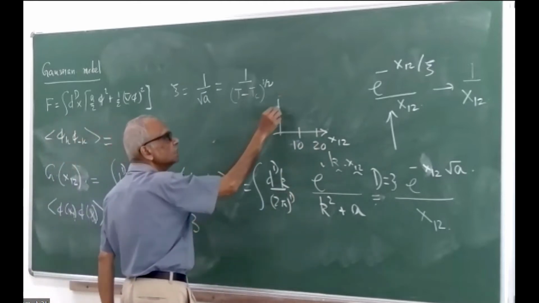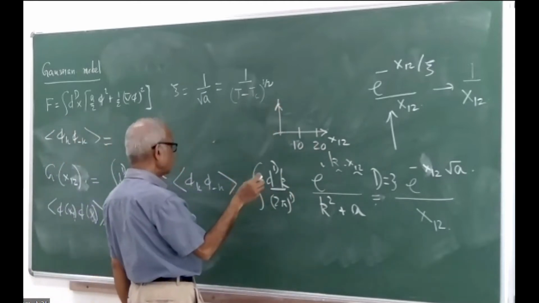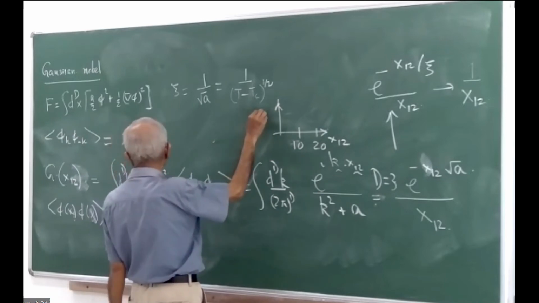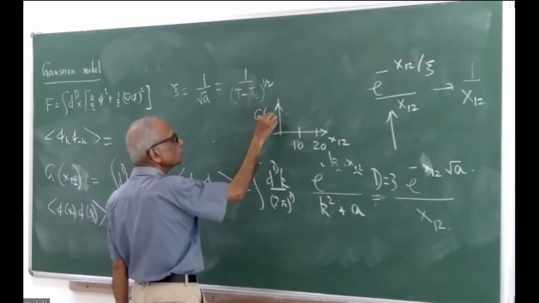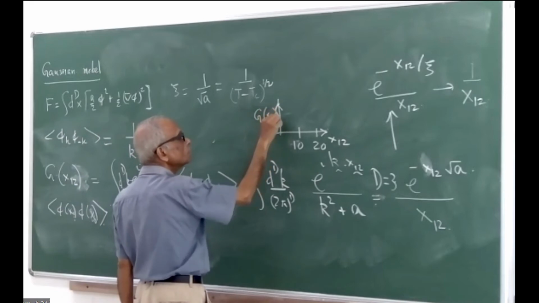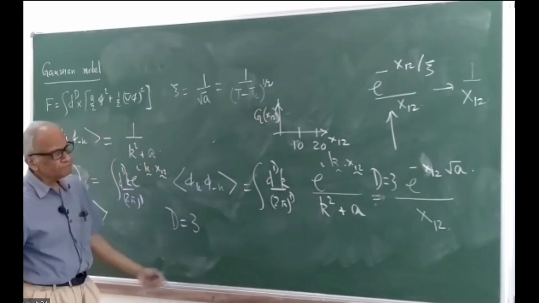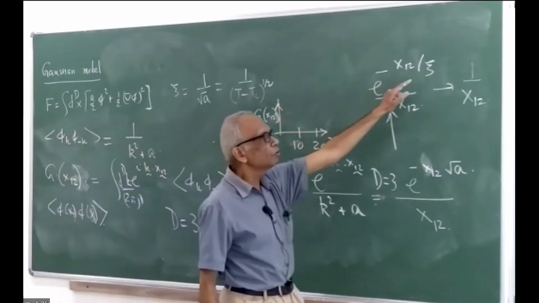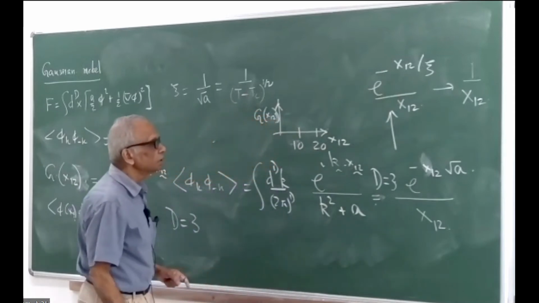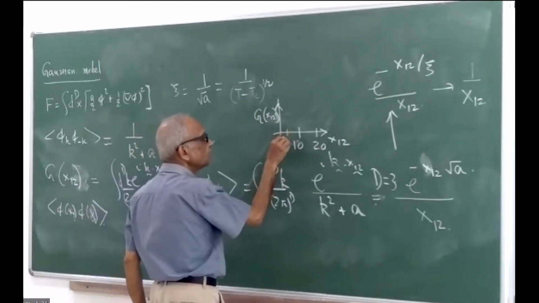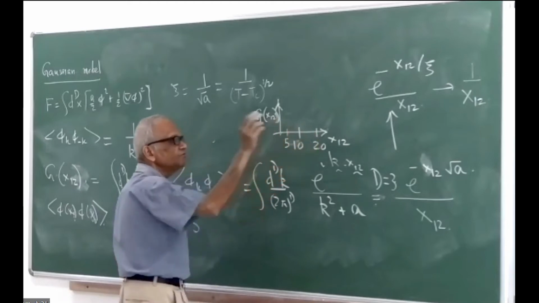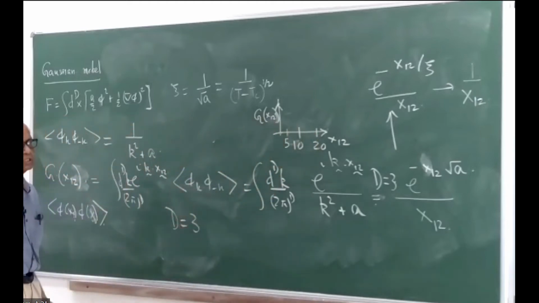And on this side over here, I'm plotting this correlation function, which I've called g x12. If this term is not 0, then, all right, let me have 5 over here. So 5, 10, 20, I'm plotting this up.